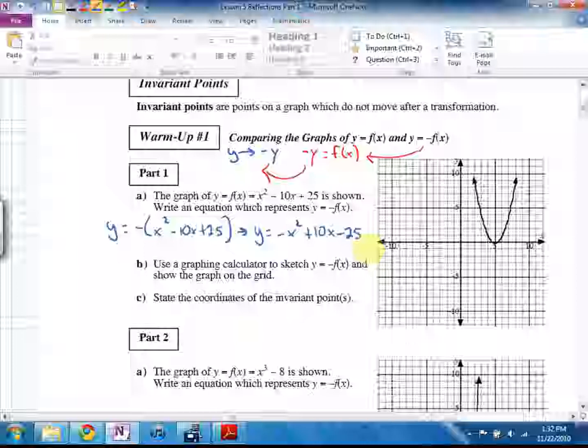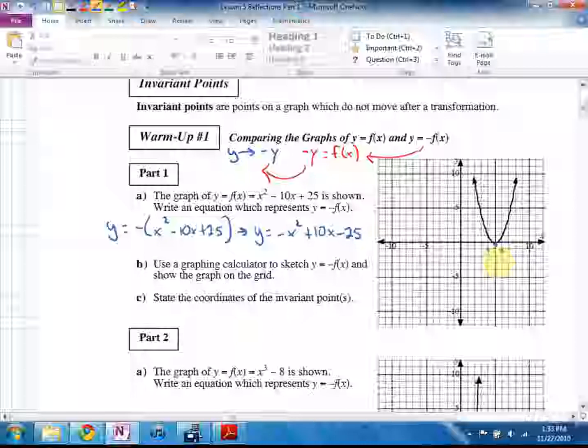It says use a graphing calculator to sketch it. We're not going to. We're going to recognize that this is going to be a reflection. Instead of going 1 over 1 up from the vertex, it's going to go 1 over 1 down from the vertex. Remember my key points for the parabola? They were 1, 1, 2, 4, 2 squared 4, 3, 9, and then if I can fit 416 and 525 on, I will, but I doubt it.